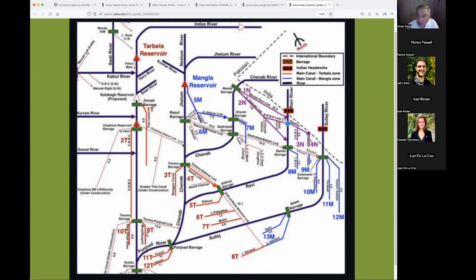In 1947, the Indian subcontinent, meaning India and Pakistan, achieved independence from Britain. Prior to that, they were under the rule of the United Kingdom.